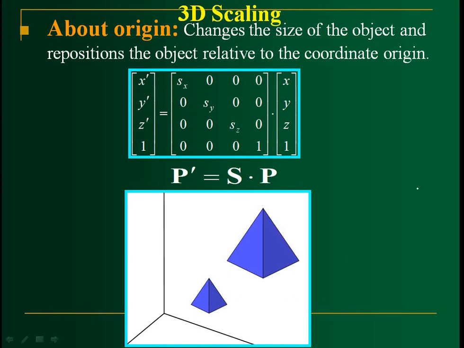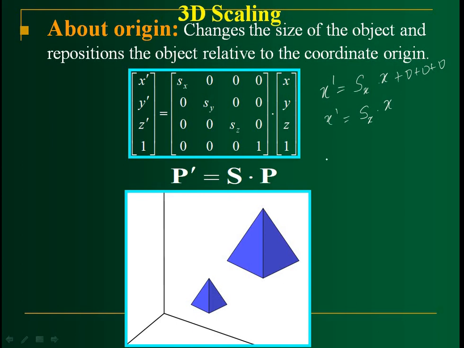So here we have a matrix for 3D scaling, and when we multiply this matrix, we will get x dash equals sx into x plus 0 plus 0 plus 0. So x dash equals the scaling factor sx into your old x coordinate.